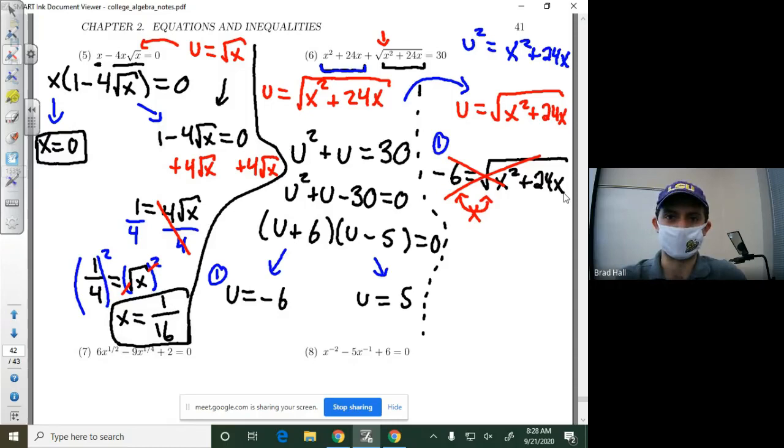If you didn't see this and you worked out the problem anyways, you would have to check your answers, and you would find that the two answers you got from that part would not work. So that's why it's important that you notice this now, because we just got rid of the extra solutions.